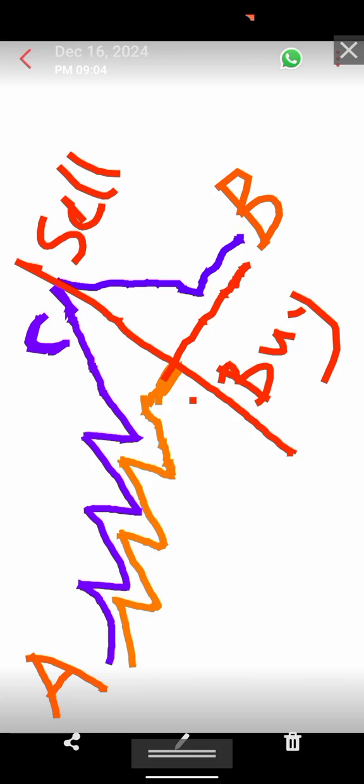So, no demand, no supply. We are using the line chart. Using the line chart to trade the currency market, and we are making profit every day. At Helpings Integrated Services, we teach how to trade the forex market using pairs trading.